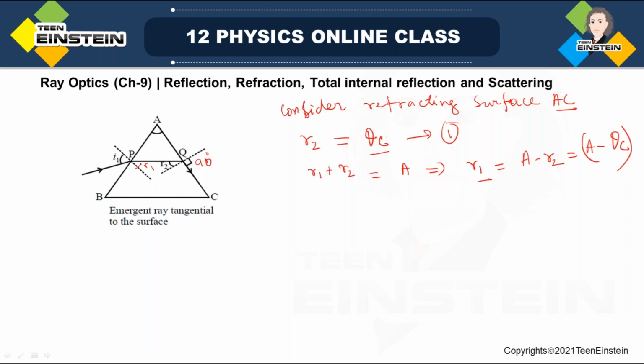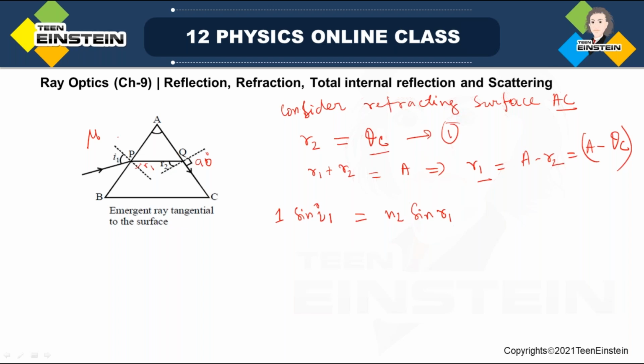We can apply Snell's law to find out mu. So Snell's law: refractive index 1 for this particular surface, since this is in the vacuum or air. Sine I1, because we have to find out I1, sine I1 is equal to N2 sine R1.